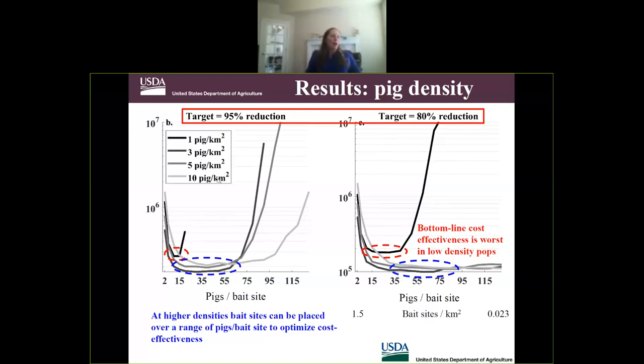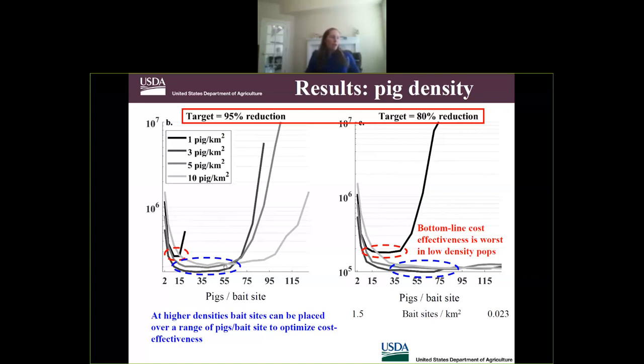And then here are some results for the effects of pig density under these other management objectives. So we still see that bottom line cost effectiveness is worse in low density populations, even when your target reduction or management objective is more on the damage management level rather than elimination.